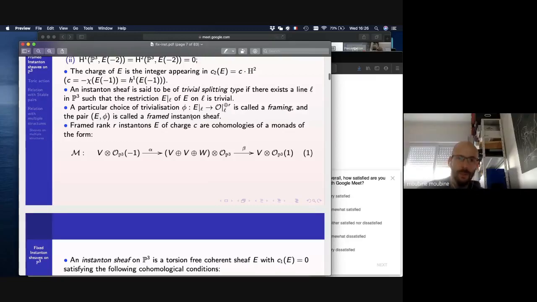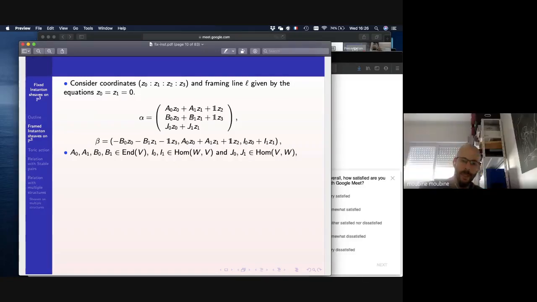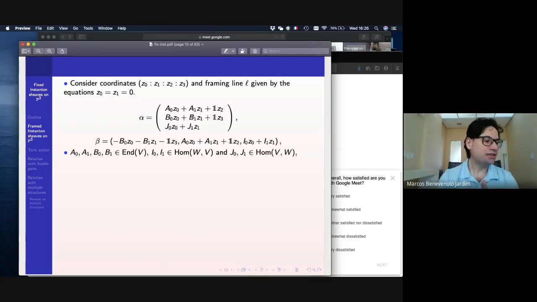So the fixed instantons will give you nilpotent matrices A and B, and J0 and J1 are 0. Does the converse hold?